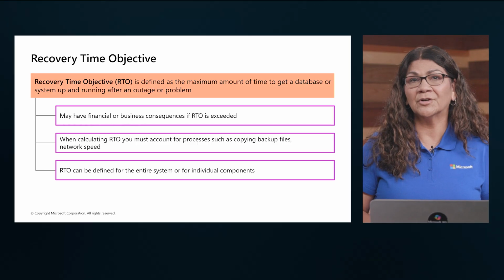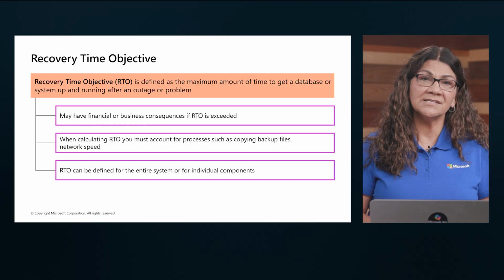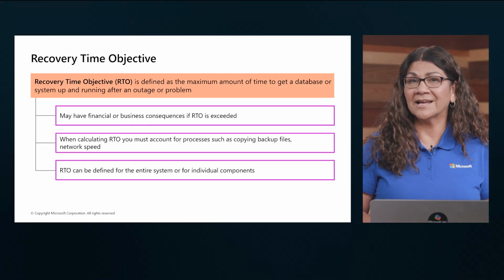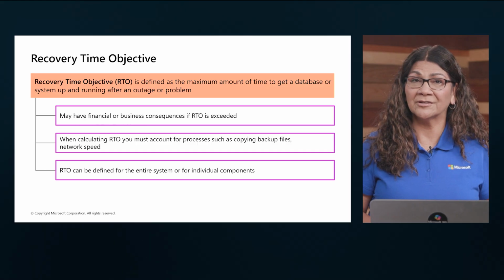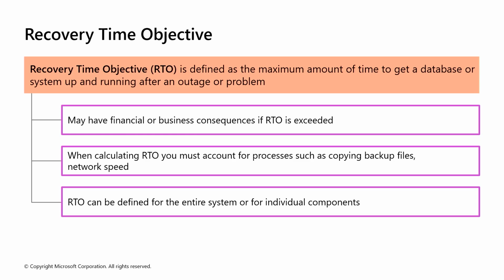Recovery time objective, or RTO, is the maximum allowable time to restore systems or databases after an outage, with consequences like financial loss or operational disruption if exceeded. It emphasizes that calculating RTO must consider factors such as backup file transfer and network speed, and that RTO can be defined for an entire solution or individual components like SQL Server instances.